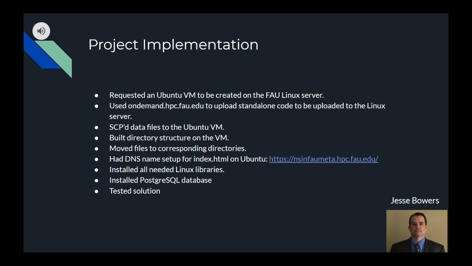Then we securely copied the data files, scripts, web files, etc., over to our Ubuntu VM, built out the directory structure, moved all the files to the corresponding directories, and set up the permissions accordingly.